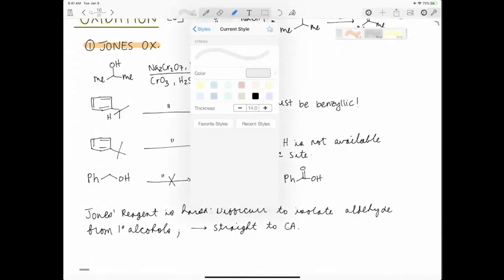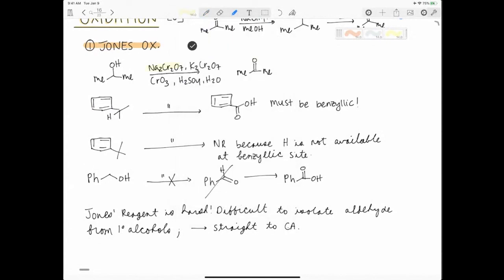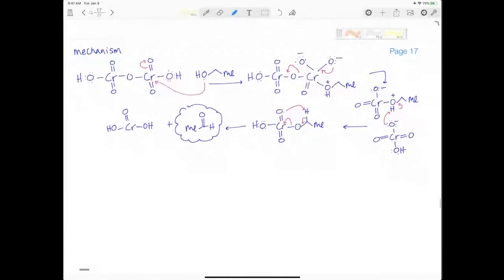You have your Jones reagent, sulfuric acid, and then water. Now that you're under acidic conditions, this oxygen here is going to be a better nucleophile in general. So sulfuric acid is going to grab a proton here.